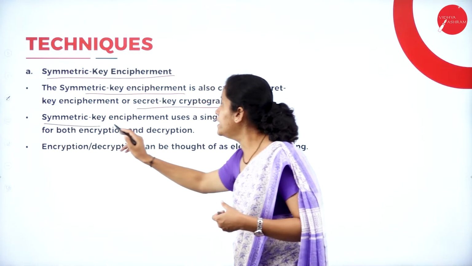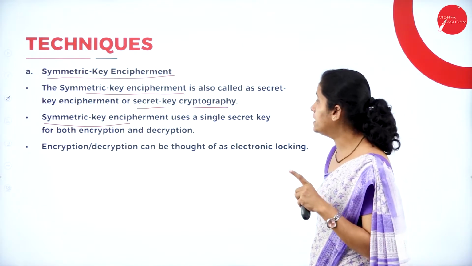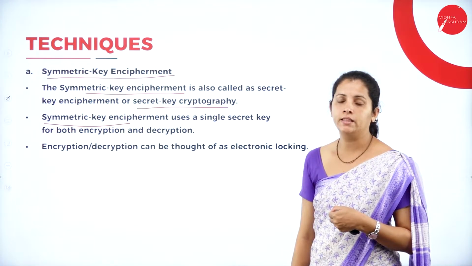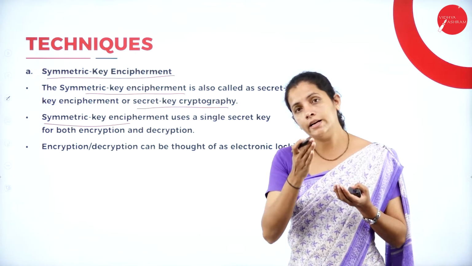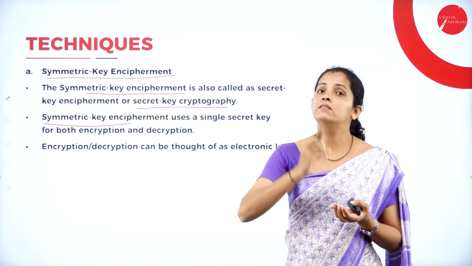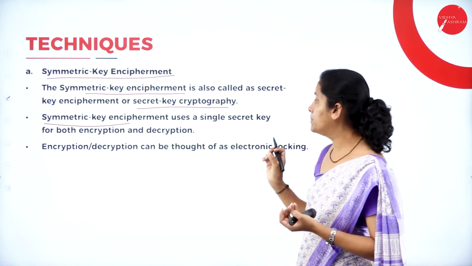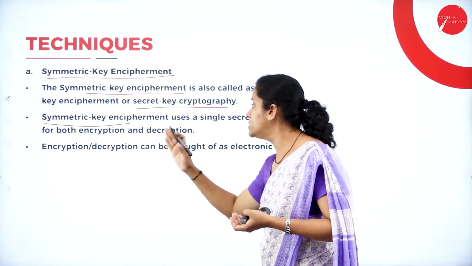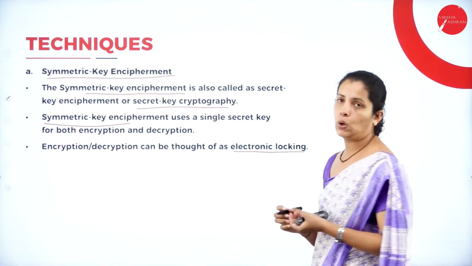So symmetric key encipherment uses a single secret key for encrypting and decrypting. That means the single key is used by the sender to encrypt the data and the same key is used by the receiver to decrypt the data. And encryption and decryption can be thought of as electronic locking.